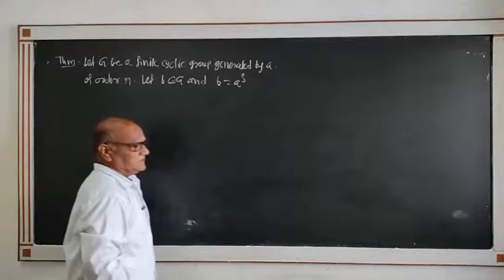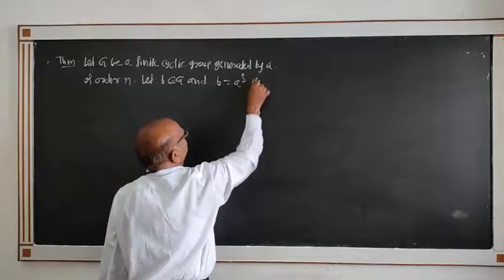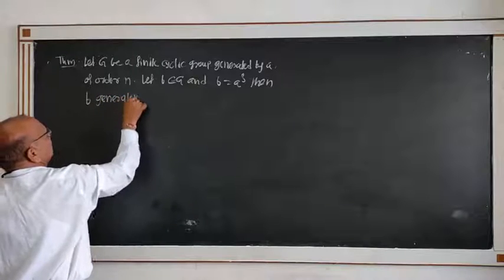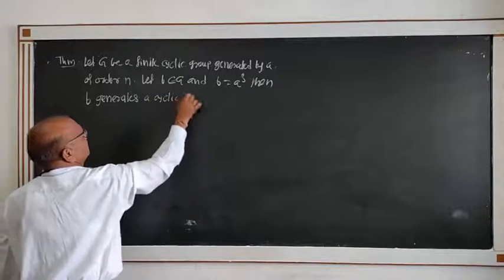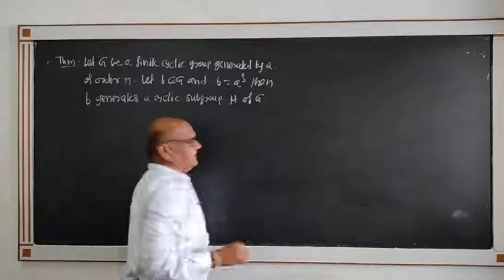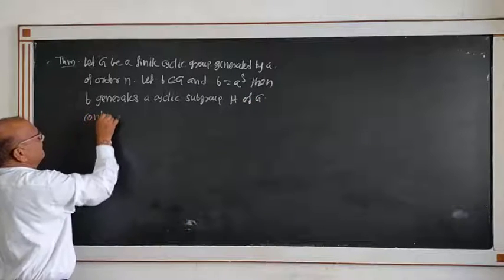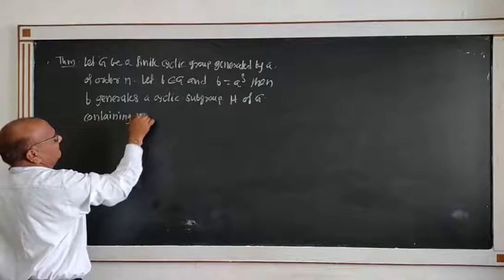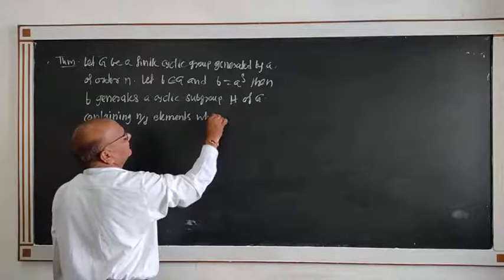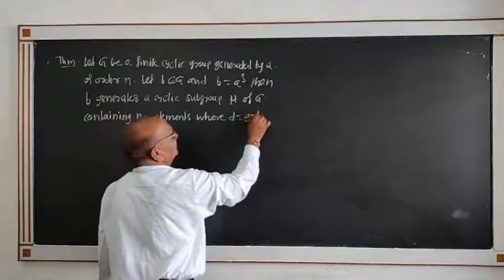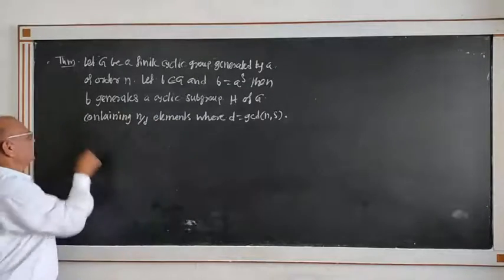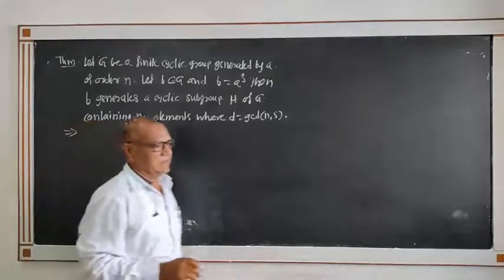Then B generates a cyclic subgroup H of G containing n by d elements, where d is equal to GCD of n and s.